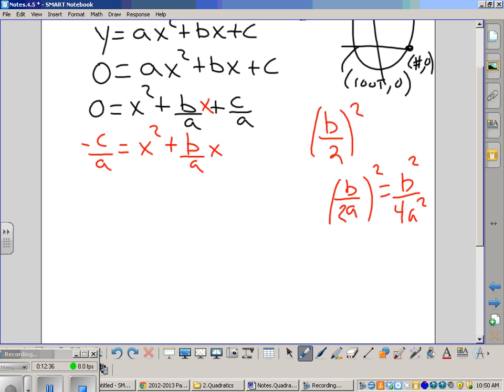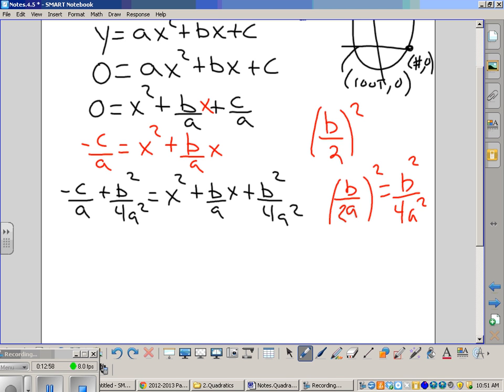So b squared over 4a squared is going to be added to both sides. So let's write that in different colors. So all I did was add b squared over 4a squared to both sides of the equation.